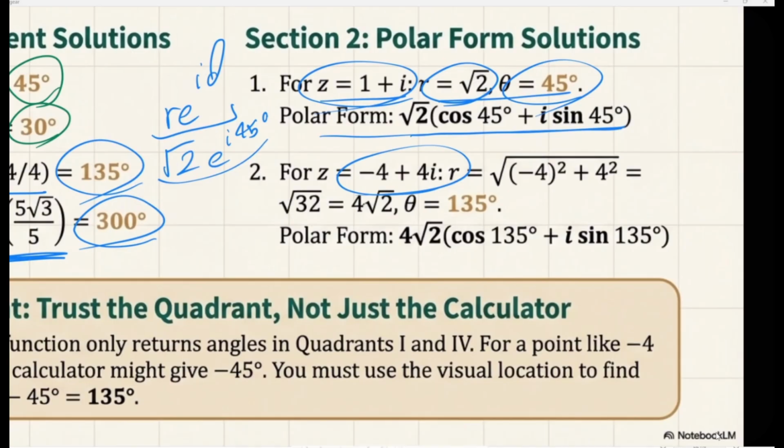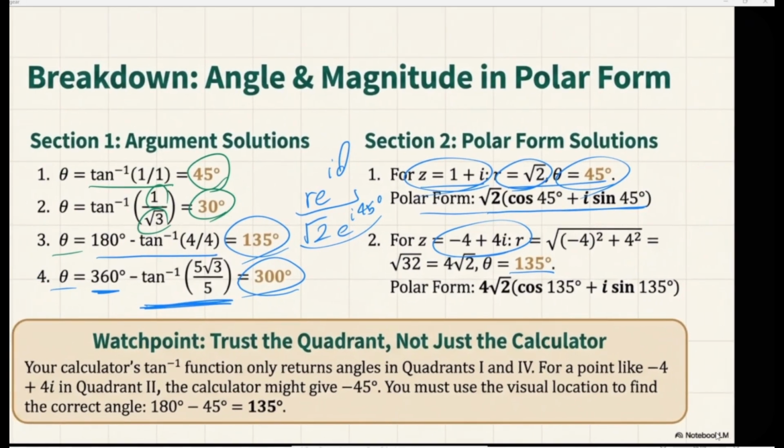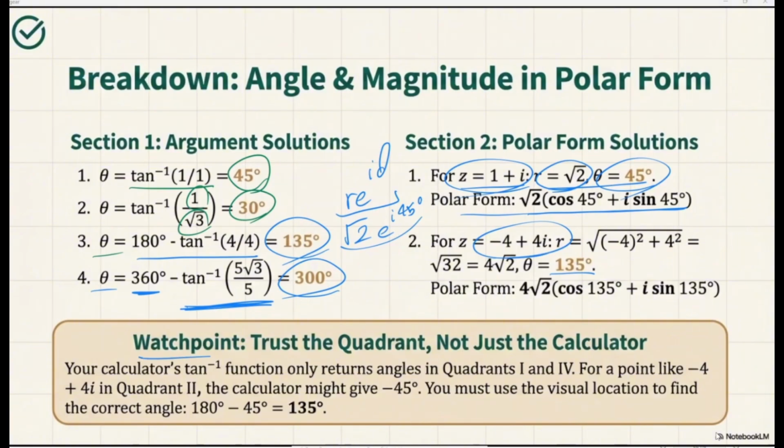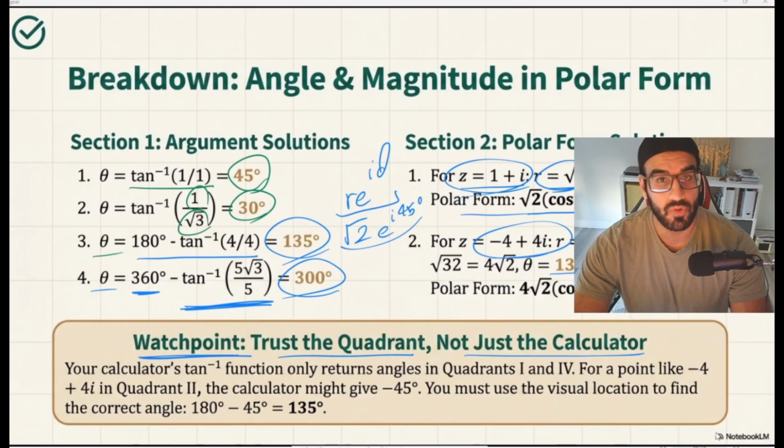So obviously, after you found your reference angle, you have to subtract it from 180 and you have your 135. The very important thing that I want to emphasize is that you have to trust the quadrant, not just the calculator. Why? Because if you just use your calculator blindly, it's going to give you either a positive angle or a negative angle, but you're not sure in which quadrant the angle is.